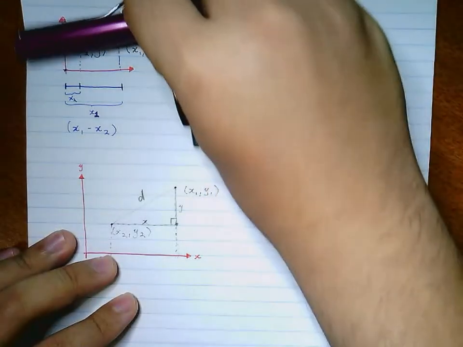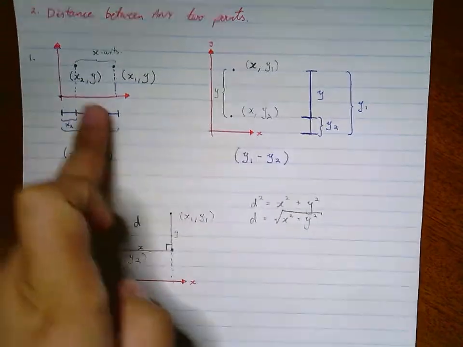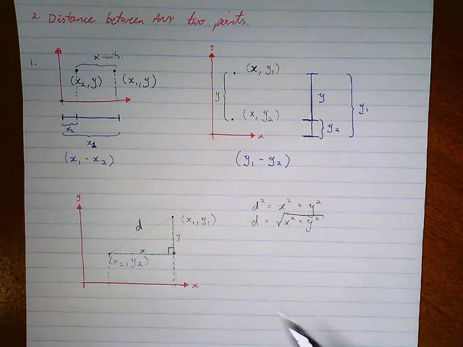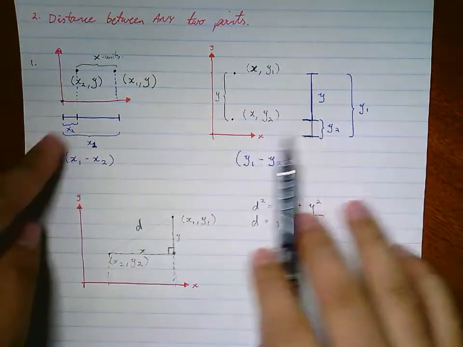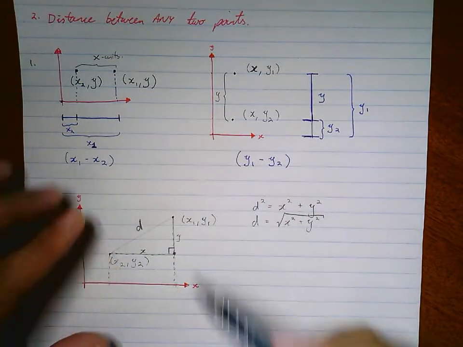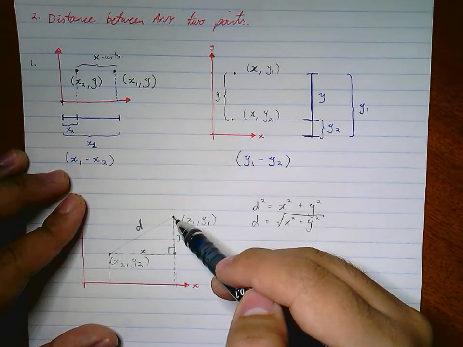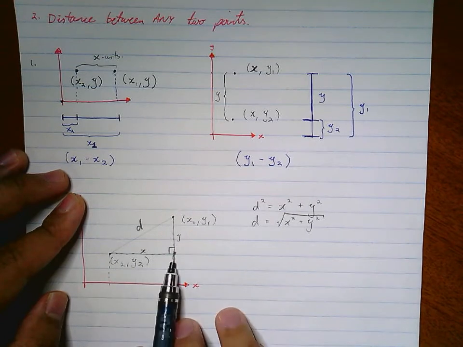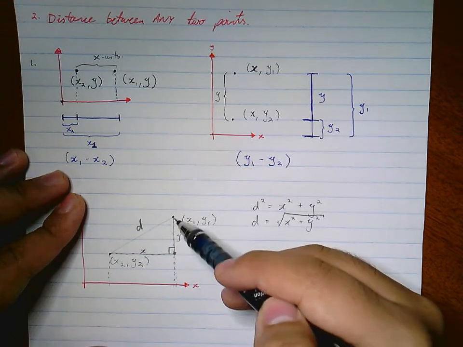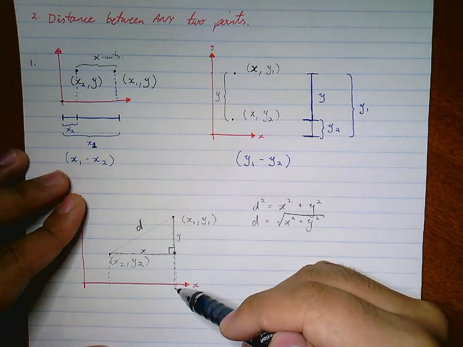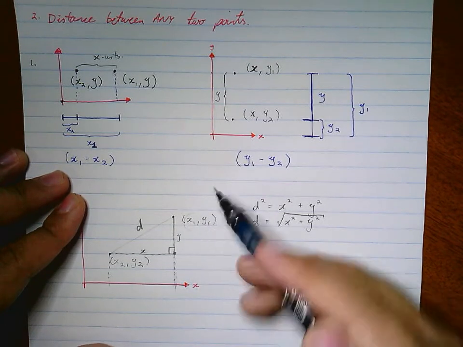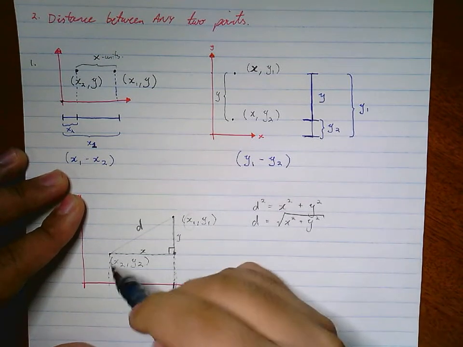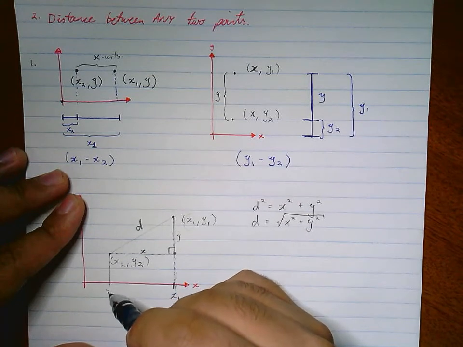Now we're going to use what we just did for these two ideas, that they're on the same level. So we're going to use these and apply it here. Take a look. Let's figure out this x length first, from this point to that point. Well, if this is along the same level as this coordinate here, isn't this point here x1, and this point here x2?